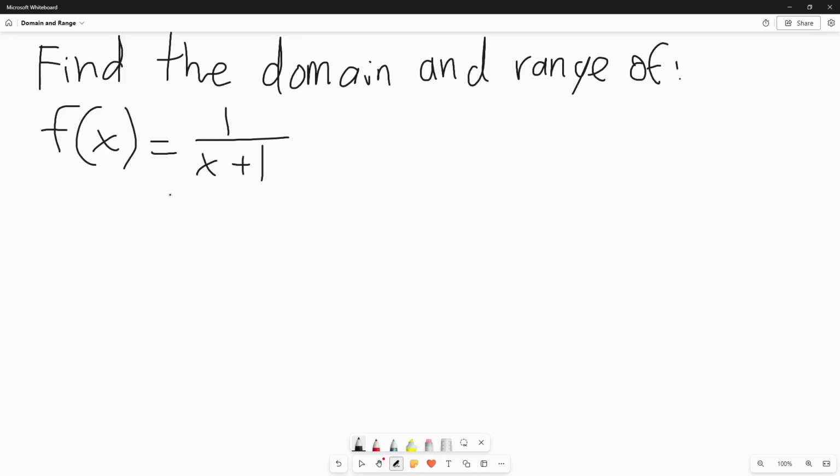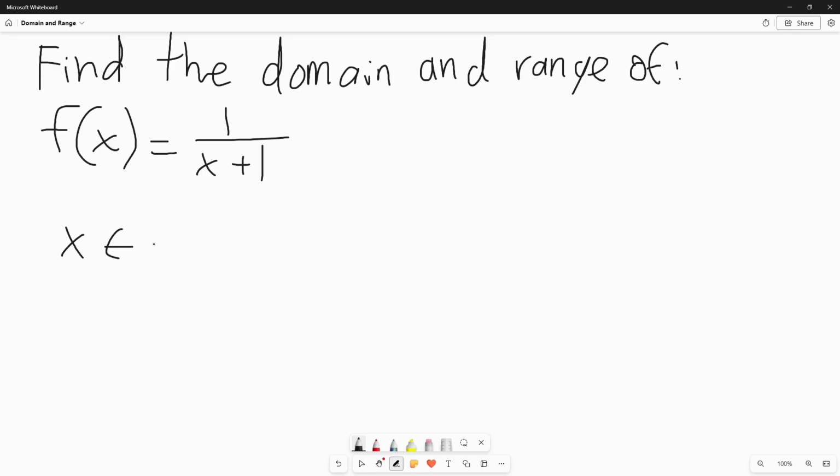We've never figured out the domain and range of a function written out like this, but it's still pretty easy to find out. Now for the domain, x can be anything from negative infinity to infinity, but it can't be negative 1 because if you have 1 over negative 1 plus 1, you get 1 over 0, which is undefined.